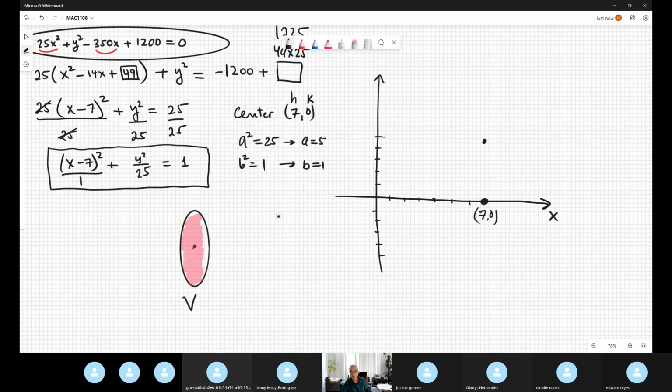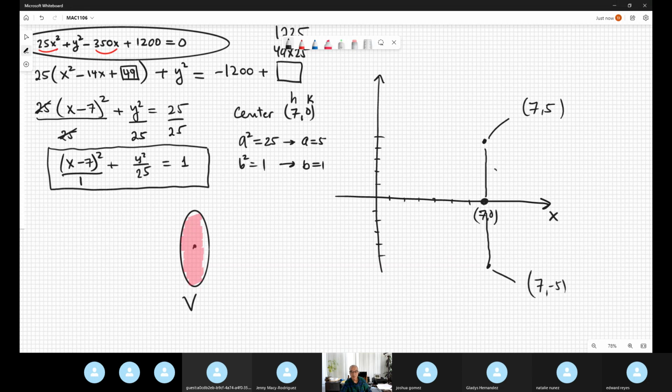Is this point. This is my semi-major axis, that is 5, in both directions. So this point would be 7,5, no? And this would be 7,-5.